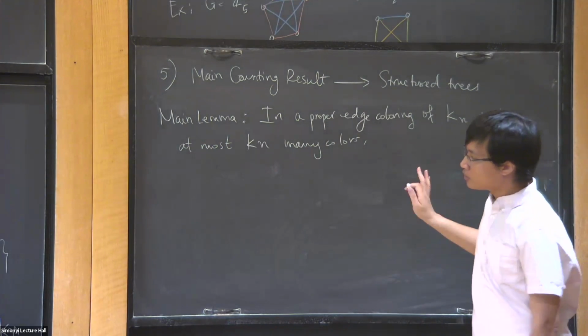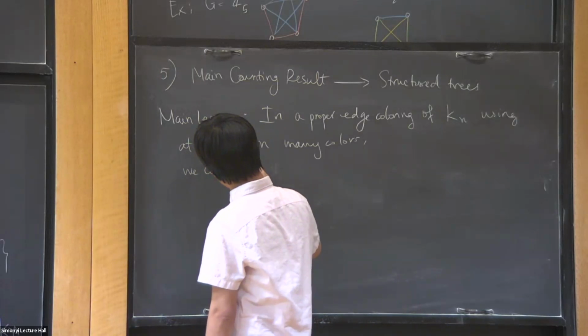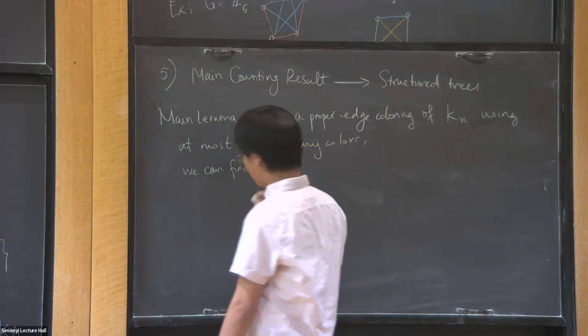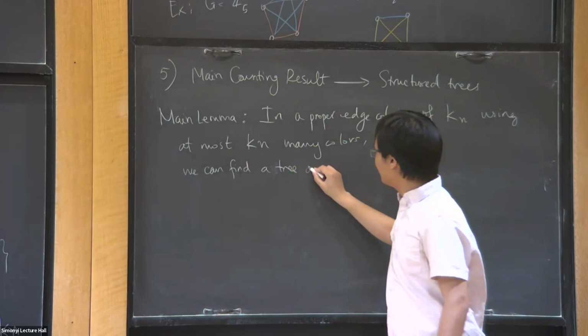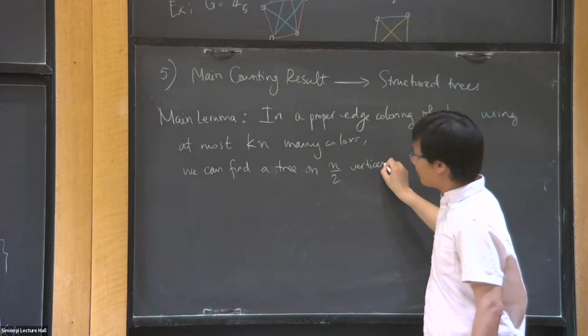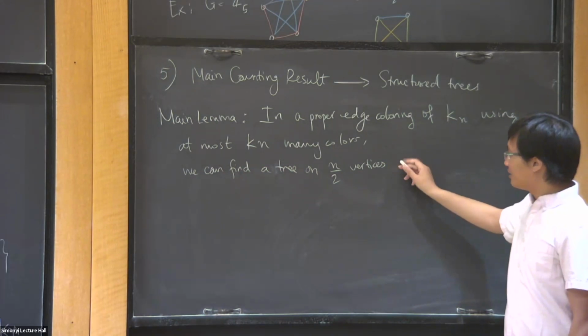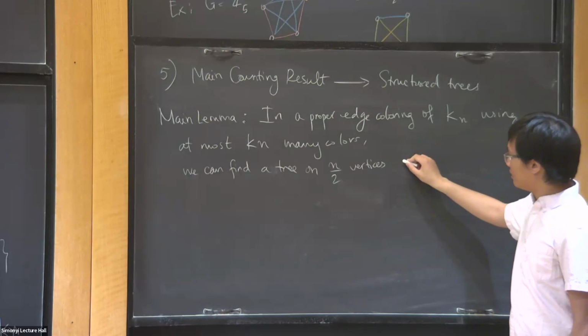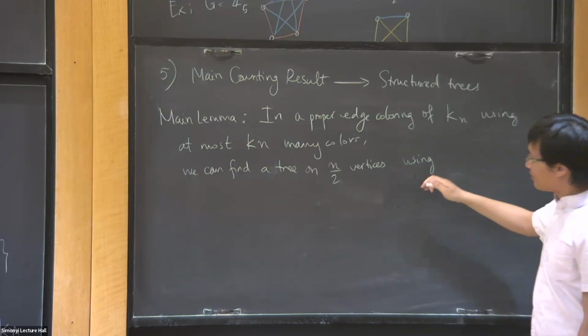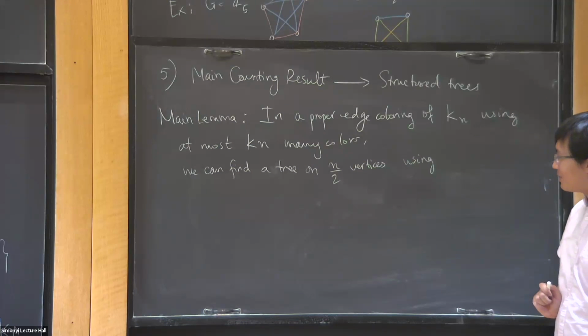And the conclusion, what we can find is that we can find a tree again on n over 2 vertices, very much like the combinatorial version of Ramsey's theorem yesterday. The conclusion is slightly different now. So yesterday we said that we can find a tree using log base 2 of n plus some constant depending on k many colors.